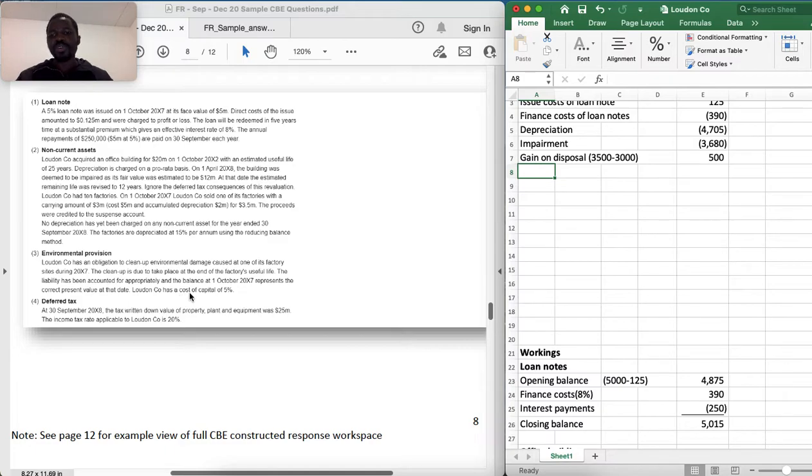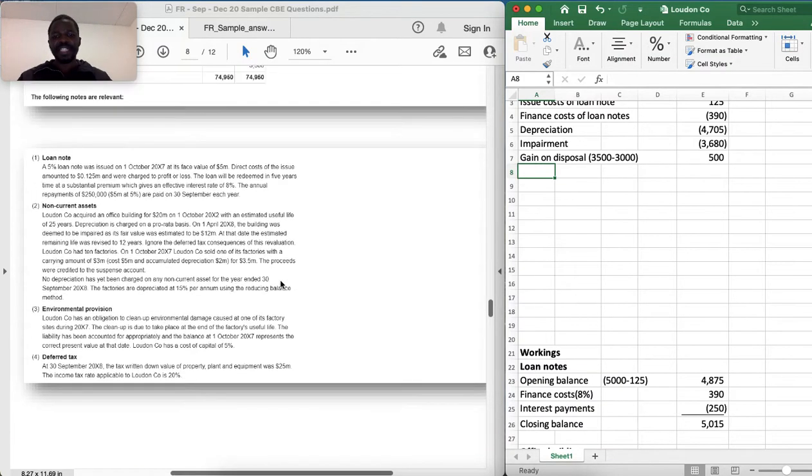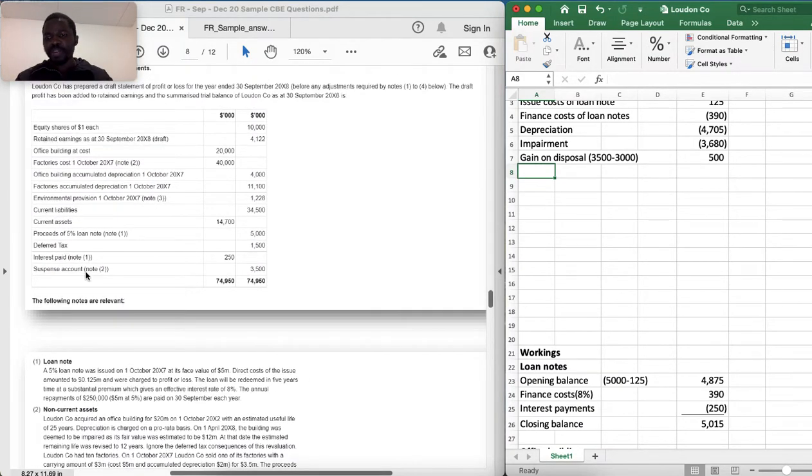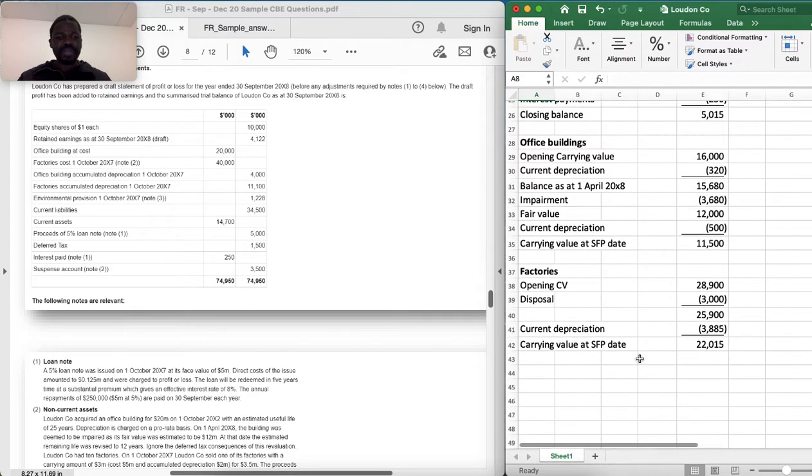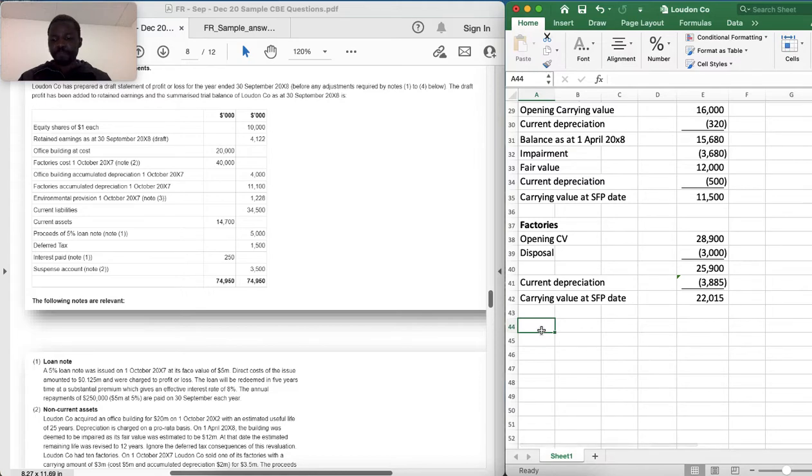Loudon has a cost of capital of 5%. So now let's go to the environmental provision. We have got environmental provision of that much. So let's put up the working, environmental provision.